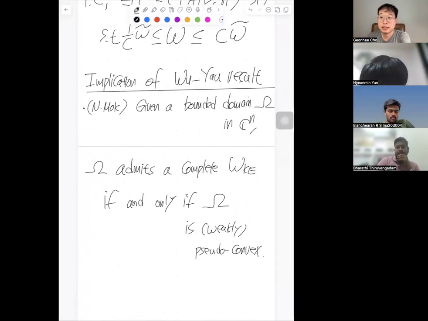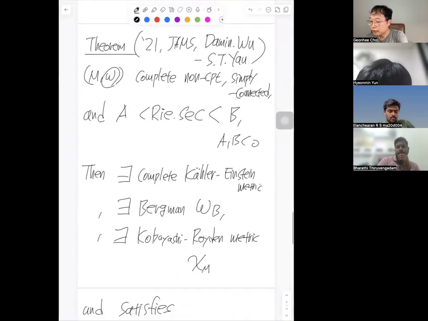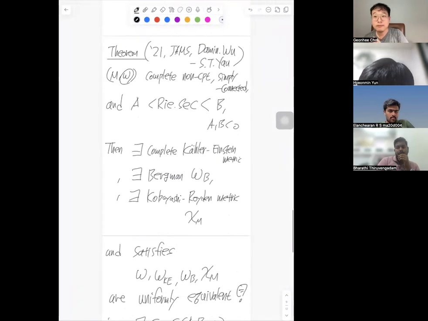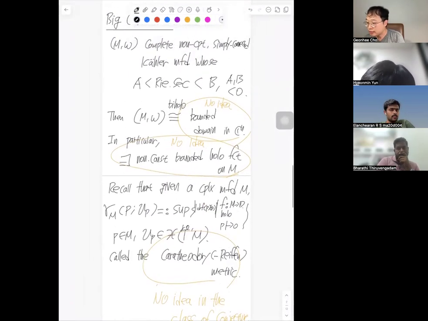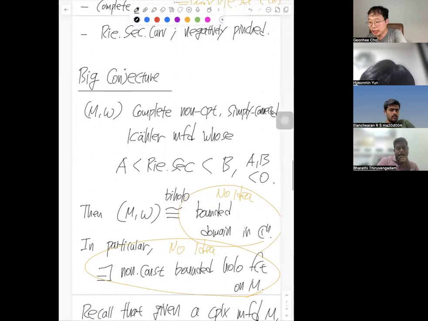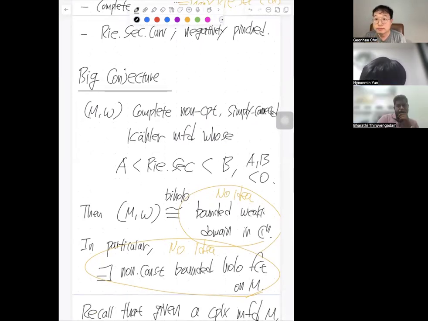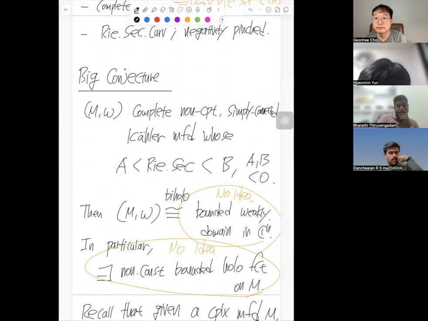If you now combine with this result, in the same setting of the conjecture, it admits the complete Kähler-Einstein metric. Therefore, you can strengthen the implication. If this is the case, what do we know? Let me rewrite with a different color.